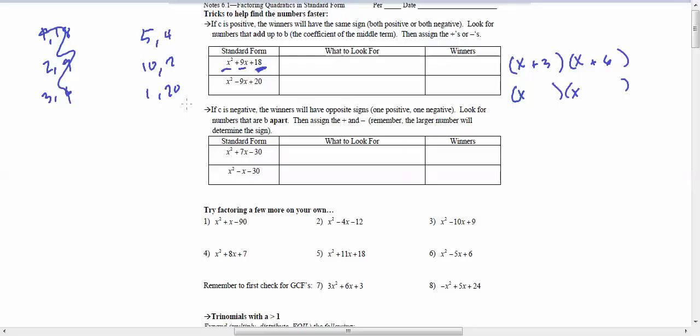Very good. Actually, to make the number negative 9. Negative 5 and negative 4. Because negative 5 plus negative 4 is negative 9. Negative 5 and negative 4. We cool? All right, good, very good.